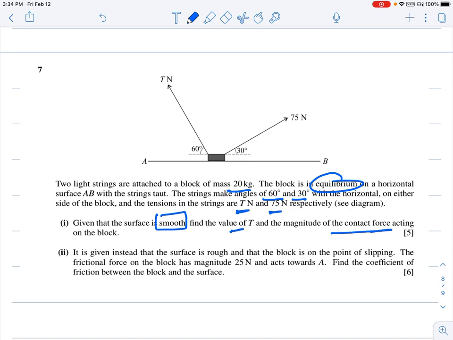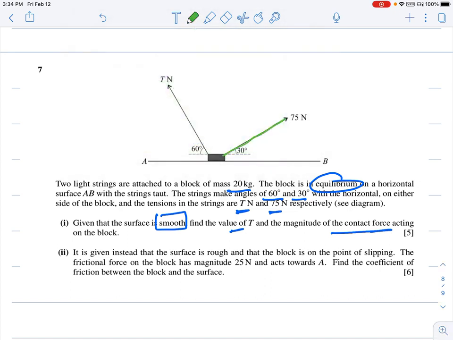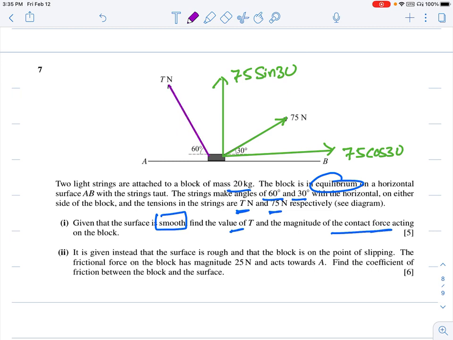So what am I going to do? I am going to take first 75 newtons. 75 newtons is the green color one. I resolve this one into two directions. So this becomes 75 cos 30 and this becomes 75 sin 30. Similarly, I take T newtons.